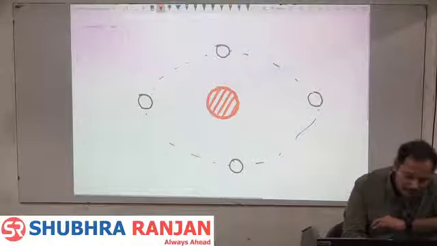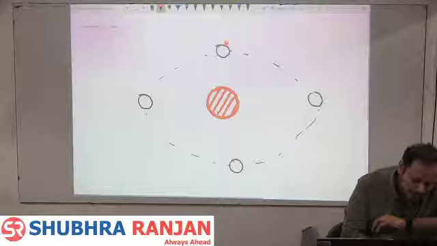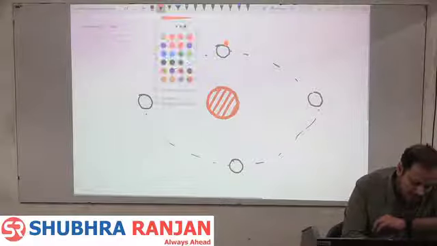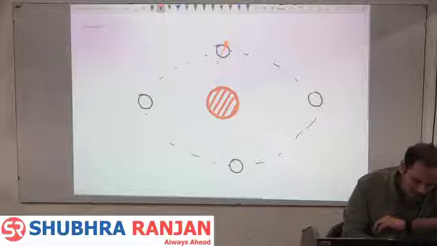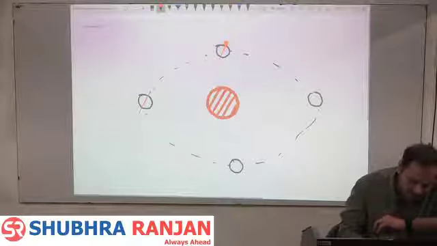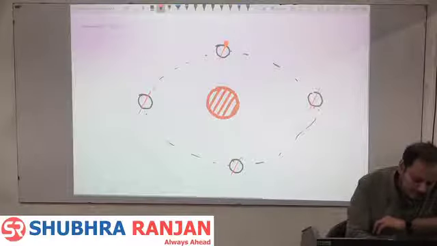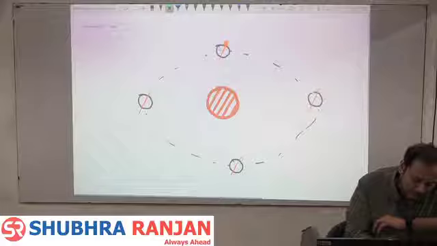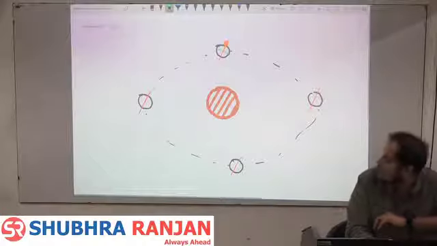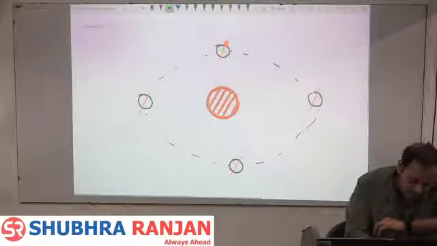The earth is inclined at an axis of 23.5 degrees. So this is how the earth's north and south are inclined, right? And if this is the north and south, then this is the equator, here this is the Tropic of Cancer, this is the Tropic of Capricorn.